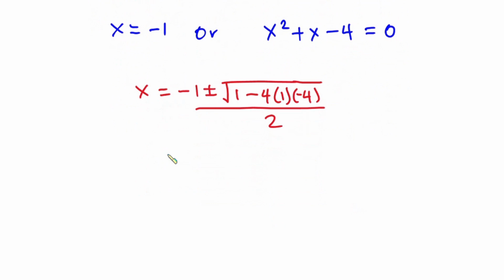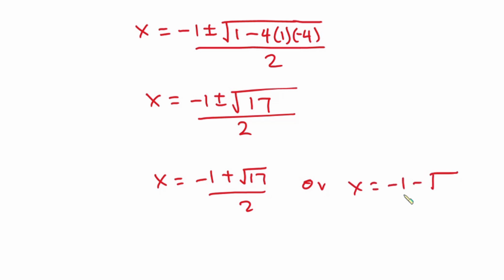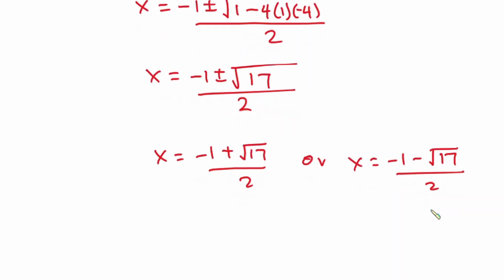Okay, so we have x is equal to -1 plus or minus square root of, now we have -4 times 1 times -4, that is positive 16, plus 1 is 17, so we have 17 over 2. Okay, so this implies that x is equal to -1 plus root 17 over 2, or x is equal to -1 minus root 17 over 2.